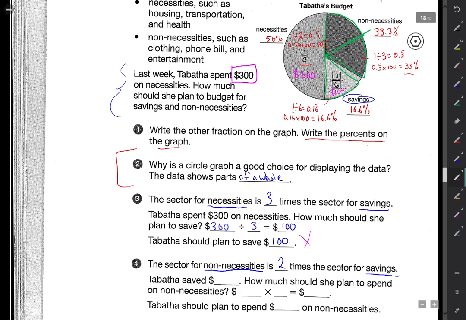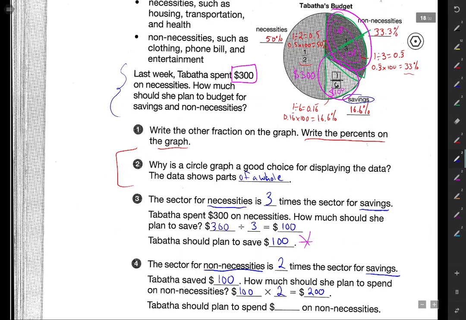We just calculated that over here. So if we take that $100 and we times it by 2, we will get what the non-necessities is, which is $200. Because remember, we determined 2 of these chunks could fit into this sector over here. So we take that 100, times it by 2, 100 here, 100 here, and that makes 200 total in the non-necessities. So Tabitha should plan to spend $200 on non-necessities.